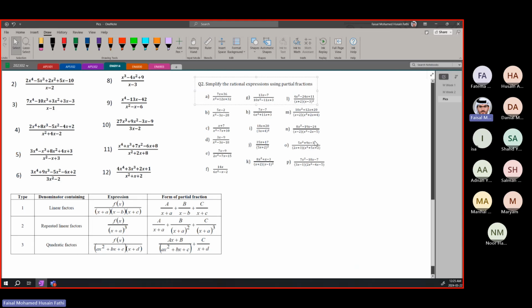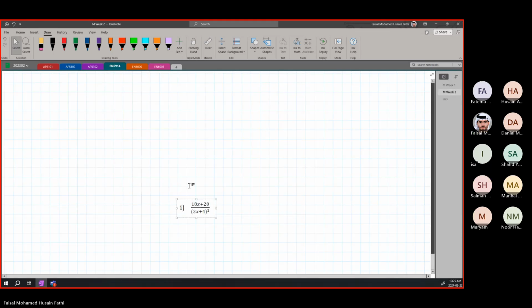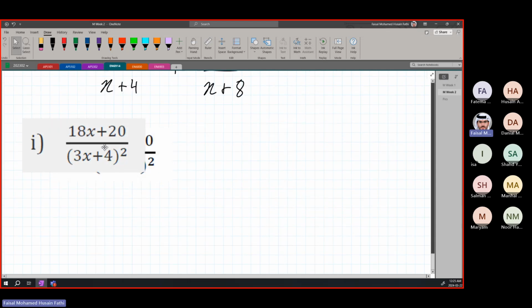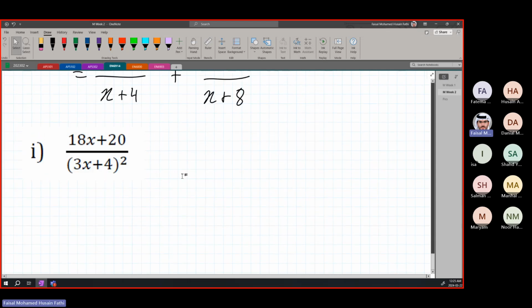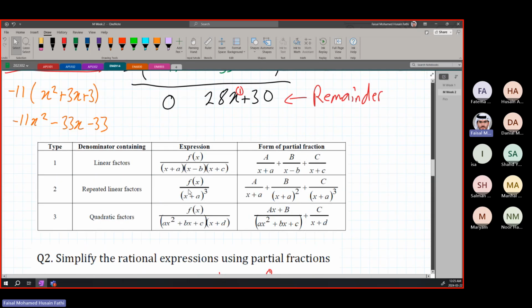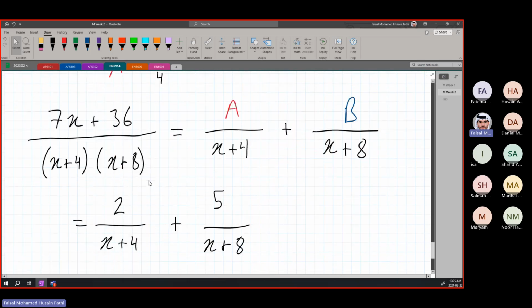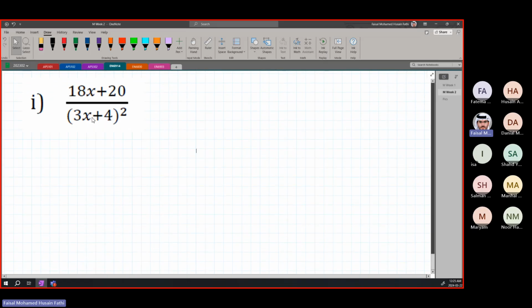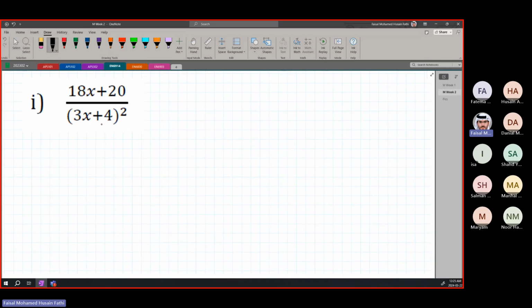So let's take, for example, this one, I. In the case of I, if you notice, here we have repeated linear roots. And if you look at the table, we have repeated linear roots. So what does that mean? We have a linear denominator, 3x plus 4 squared, but it is repeated.